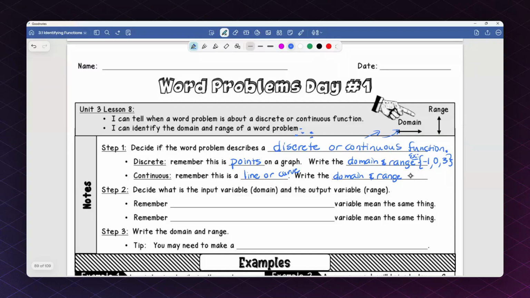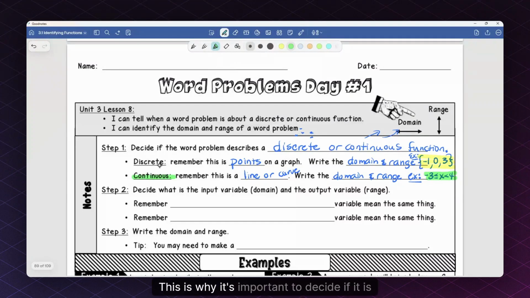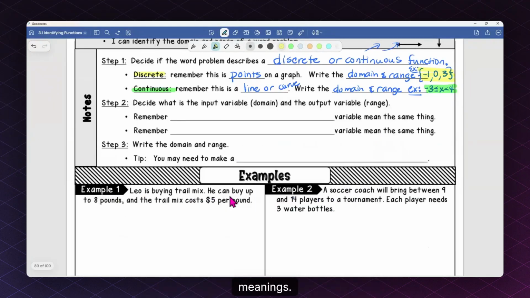So for example, we could have this one where we write, say, -3 is less than or equal to x, which is less than 4. Okay, that could be an example. So you can see the differences in how we would write those, versus this. This is why it's important to decide if it is discrete or continuous, because you write the answer differently, but also it just has different meanings.